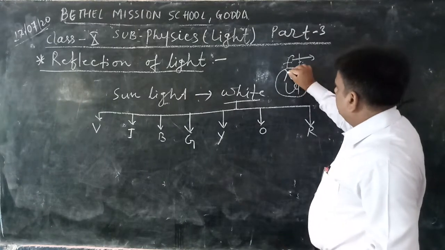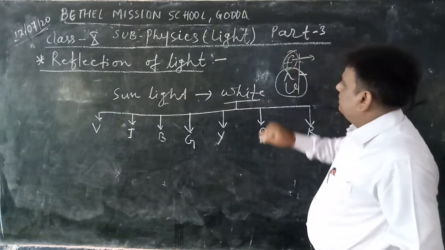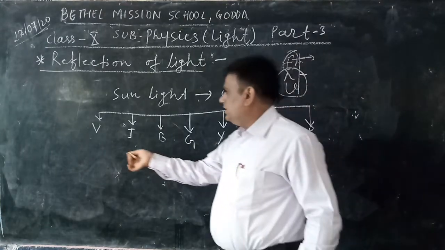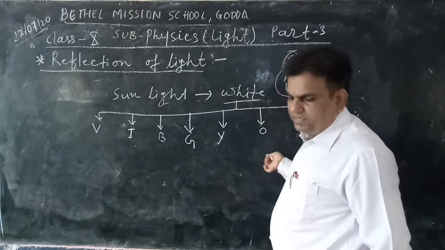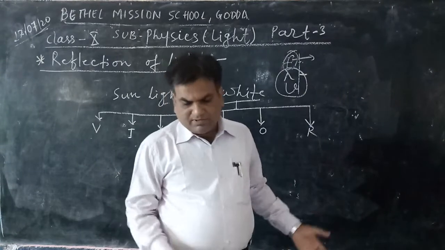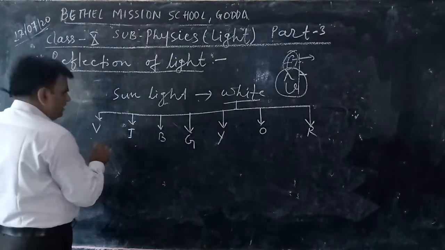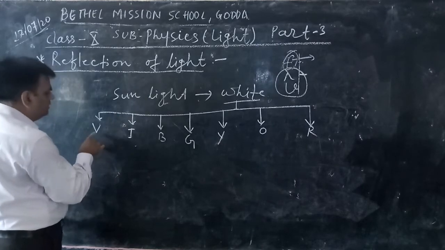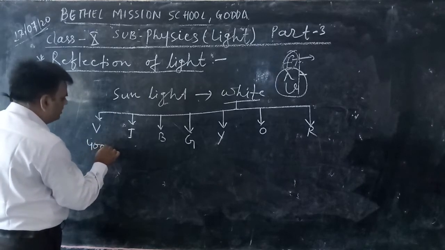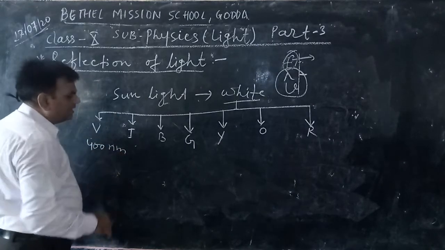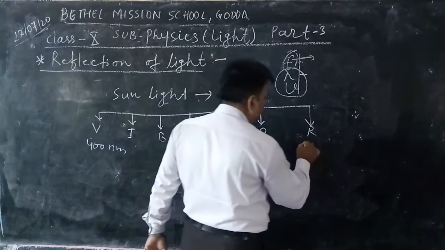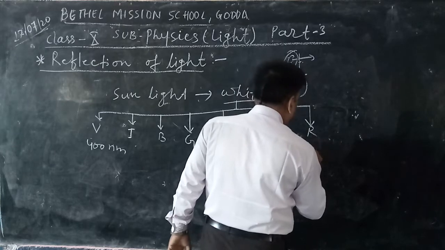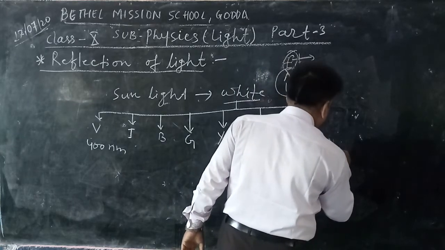As you are watching, there are 7 colors, and the 7 colors have different frequencies. The minimum value for violet color is 400 nanometer, and the maximum value for red color is 750 nanometer.